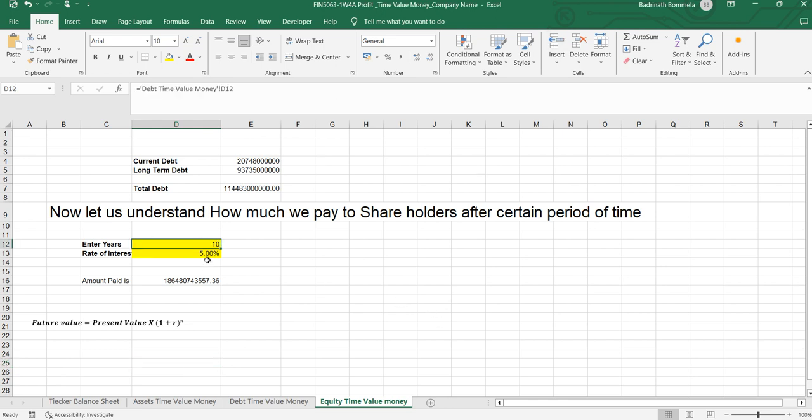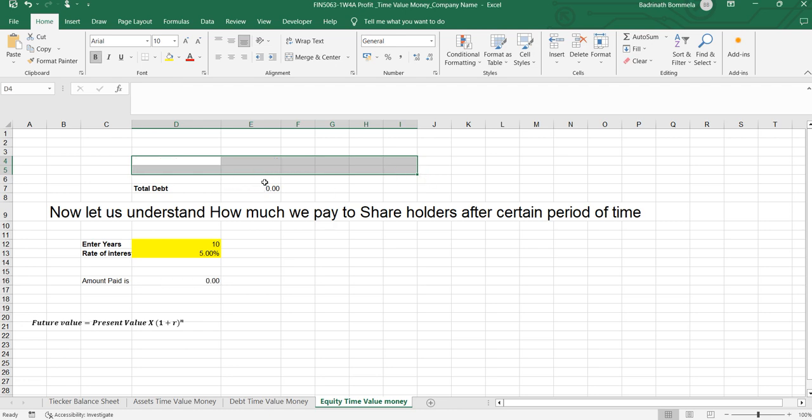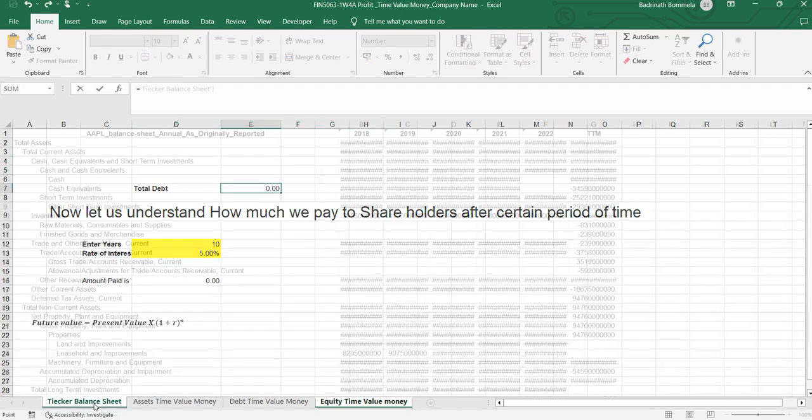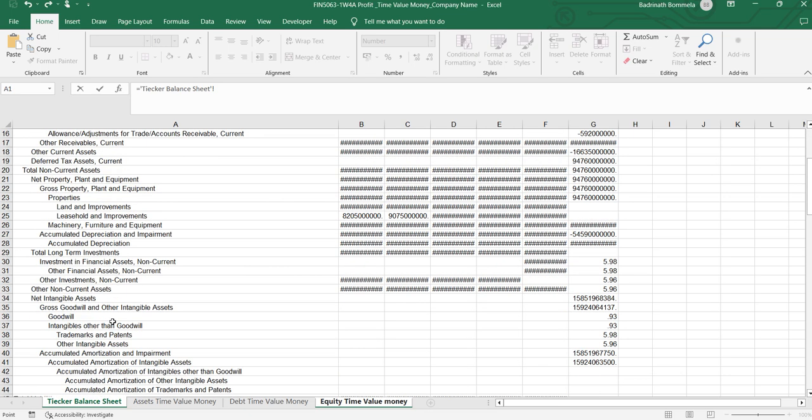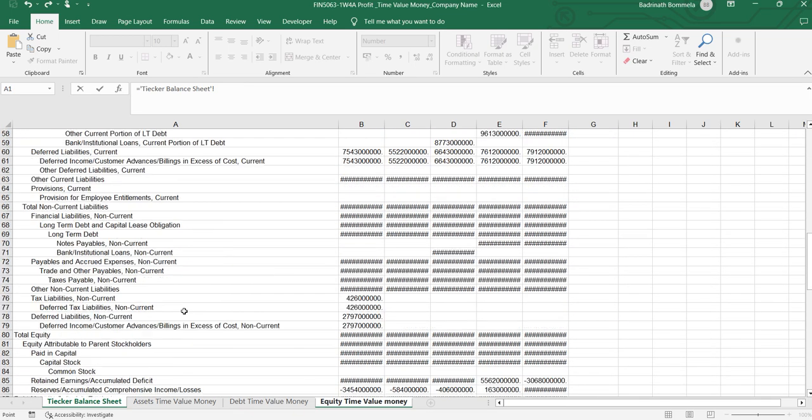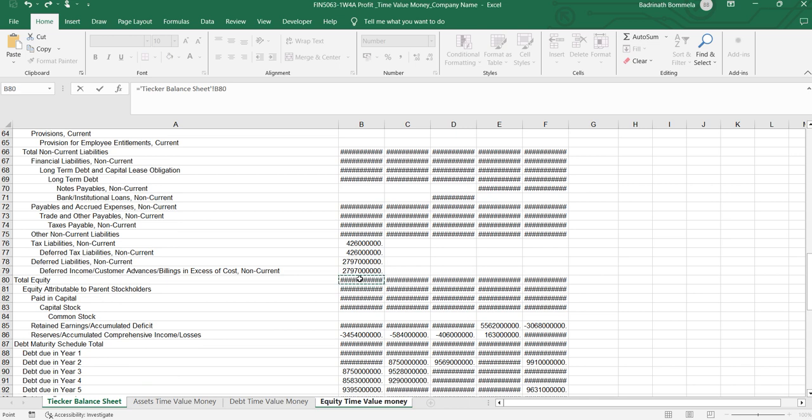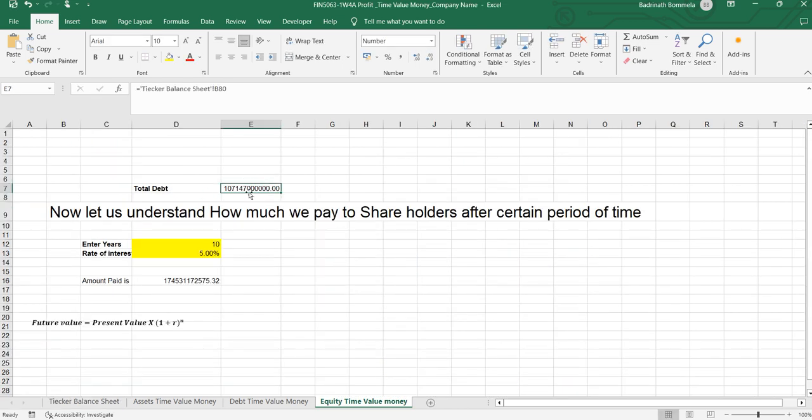So here the same values are taken, and when you have this much total equity, and after 10 years the company pays 5% returns to the shareholders, the amount that the company will pay to the shareholders is this.